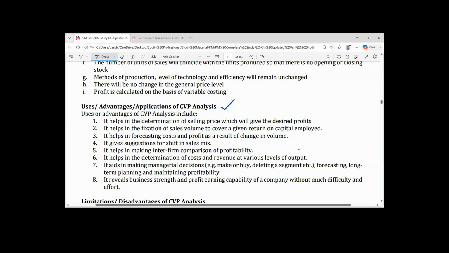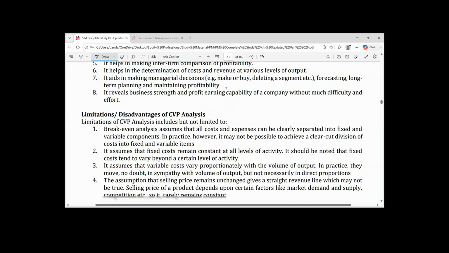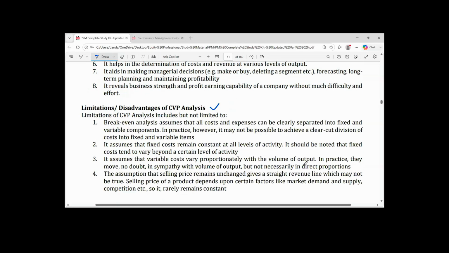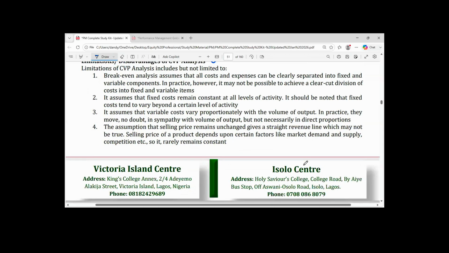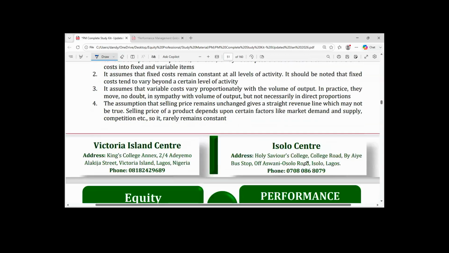No, it is practicable. Highly practicable. So ensure you go through and form your notes on the underlying assumptions of CVP, the areas of application of CVP, and the limitation of CVP. These are the areas I want you to include in your class notes.